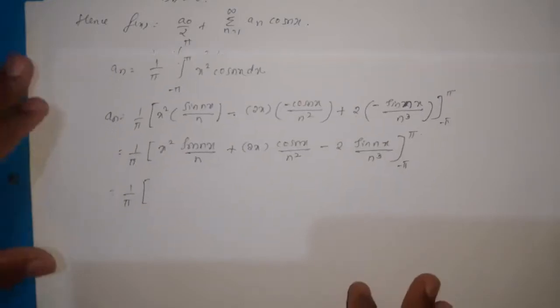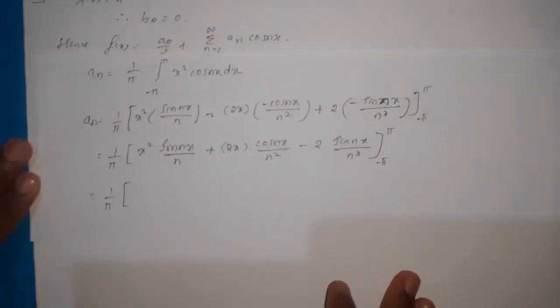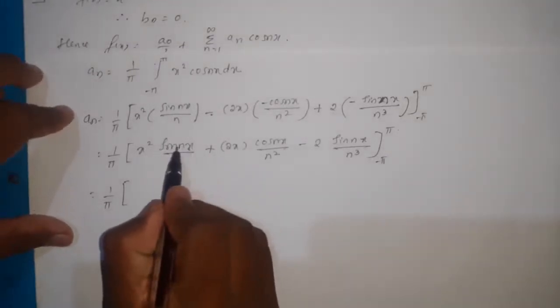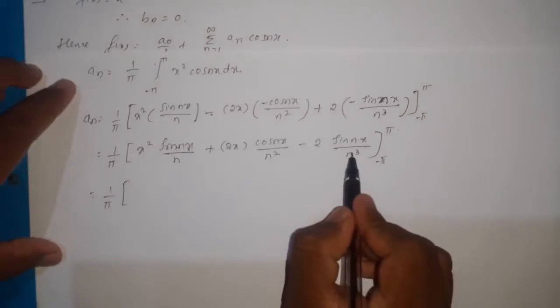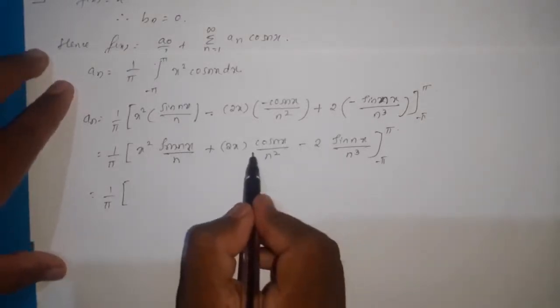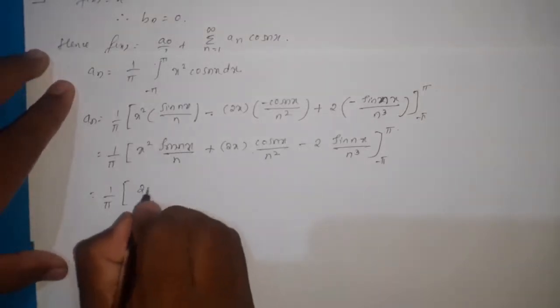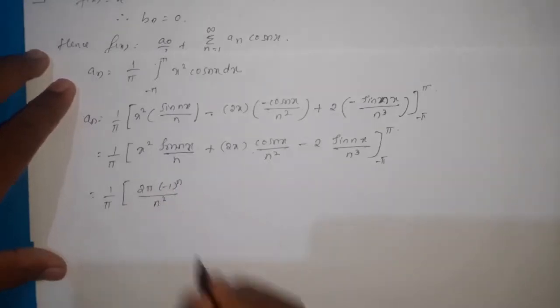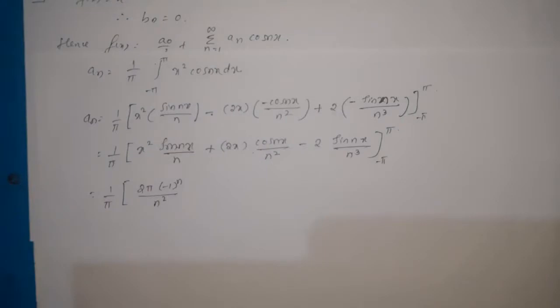So therefore here the first function is sin nx, and for x equal to pi this is 0, and this term is also 0, and remaining only this one, that is 2 pi minus 1 whole power n divided by n square, because cos n pi is minus 1 whole power n divided by n square is that constant. So this is the value for the upper limit minus.